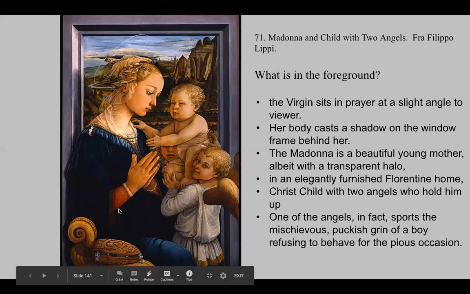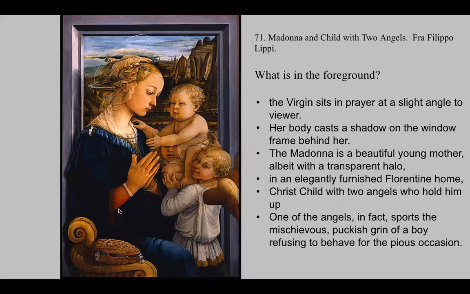And then on the other side of her, we have her holding the Christ child, and then we have, I assume, two angels. We really only see the angel in the foreground. There's just the little face of another one in the background. And he seems a little mischievous, right? In Smart History, they say a puckish grin.